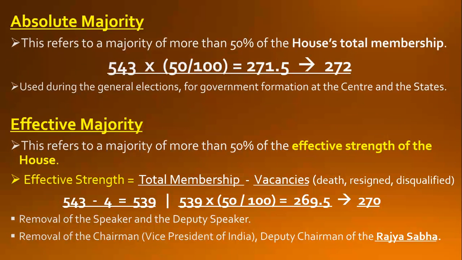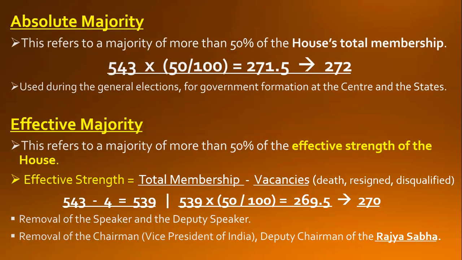So what is effective strength? Effective strength means the total membership of the House minus vacancies in the House. Now what is a vacancy? Vacancy means persons who are no more members of the House, for example, vacancies created in the House due to death, resignation or disqualification.